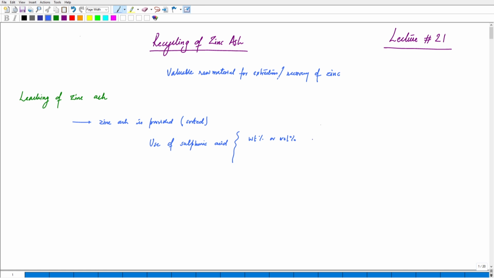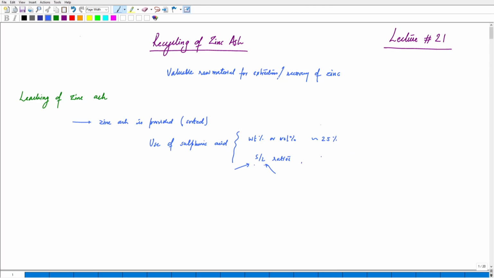So, for starters, we could have, let us say, 25% by volume. We can have different S by L ratios. S by L ratios are basically solid to liquid ratios that are used for leaching. What is the amount of zinc ash that was added to the leach liquor? That ratio is the solid to liquid ratio.